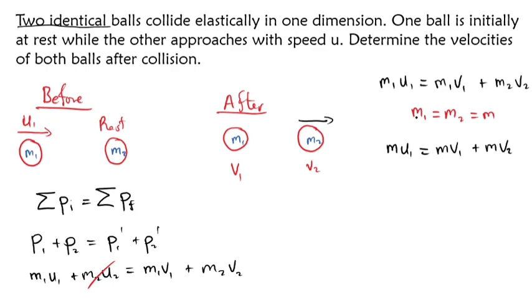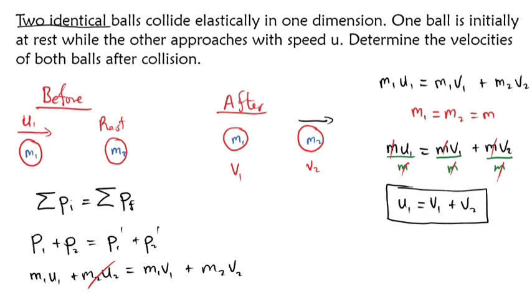Now m is common throughout, so I can divide throughout by m. So mass cancels here, here and here, leaving us with u1 equal to v1 plus v2, like this. So this is the first equation that is created.